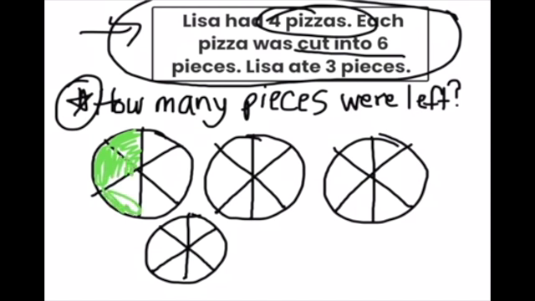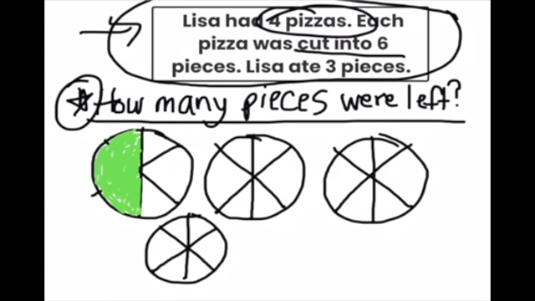It doesn't matter if you decided that she ate 3 pieces out of the last pizza, or maybe the second or the third one. It doesn't matter. But these are 3 pieces of pizza that she ate. So those are gone, the ones that I shaded in green. So we need to know how many pieces are left. I'm going to count how many white pieces of pizza I have left.